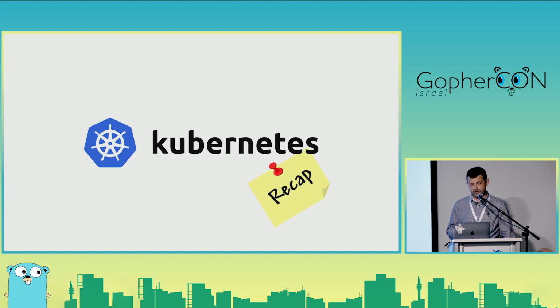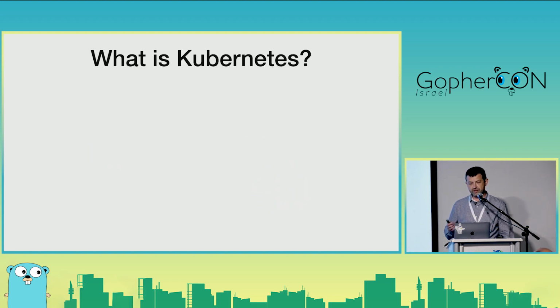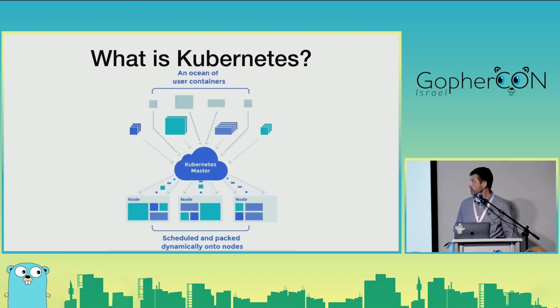So, Kubernetes, well, what is Kubernetes? Kubernetes is a container orchestration platform. And what is container orchestration? When do you need it? When you need to run all your containers at scale, when you have multiple interconnected containers running across multiple machines, and you would like to do it with high resilience.